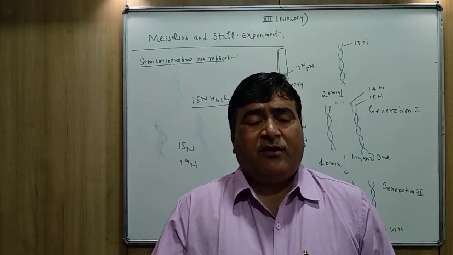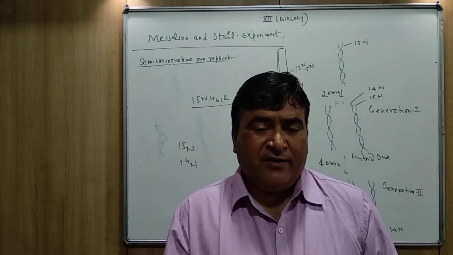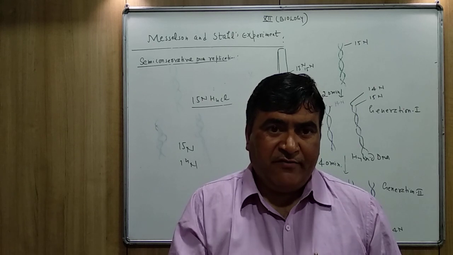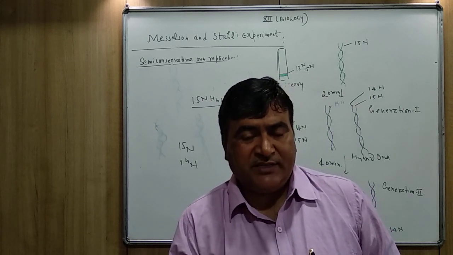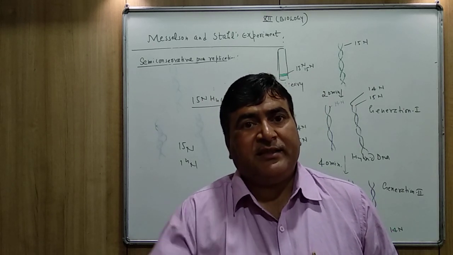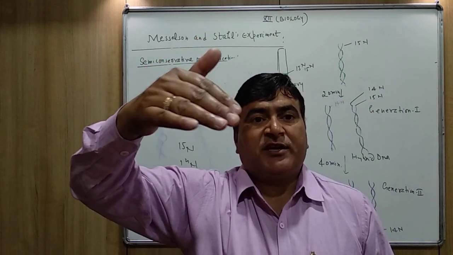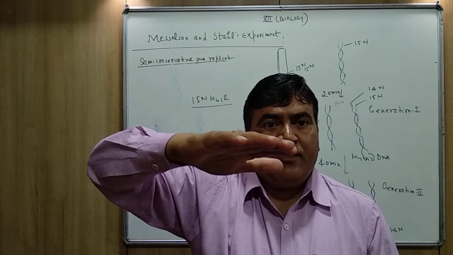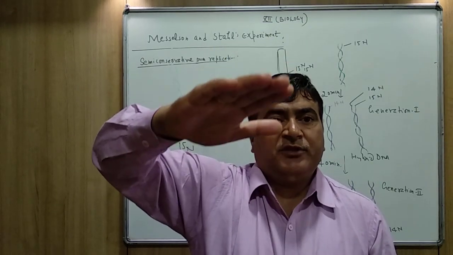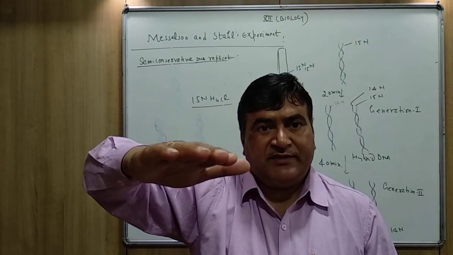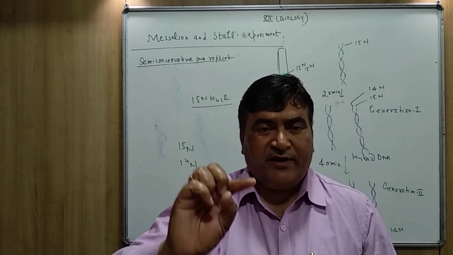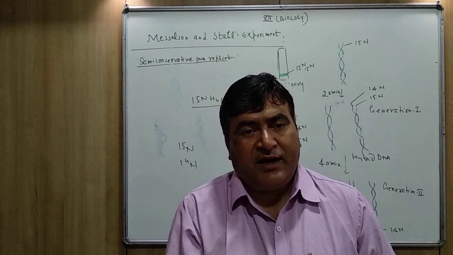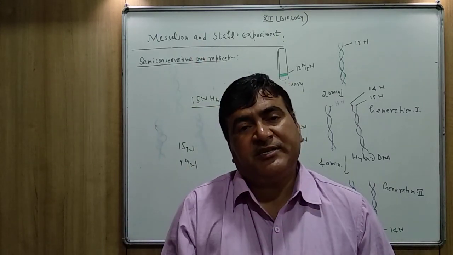So in the centrifugation, the DNA molecules which are heavier, containing 15N, will be settled on the bottom, and the lighter ones, which are retained by 14N, will be settled just above the heavier ones. So two different layers are formed. The heavier ones are down and the lighter one will be on the upper side.